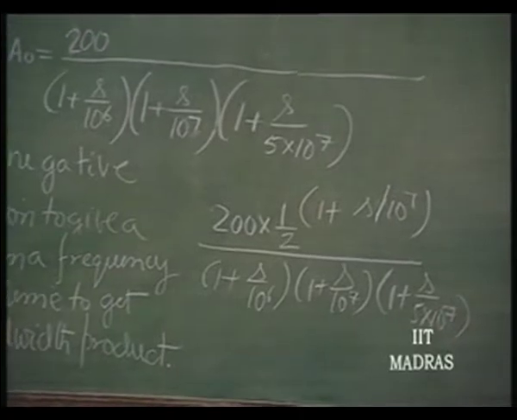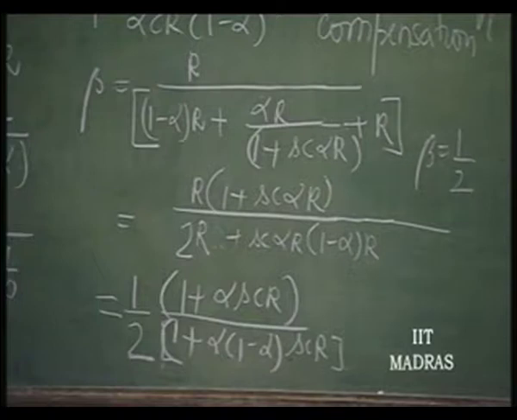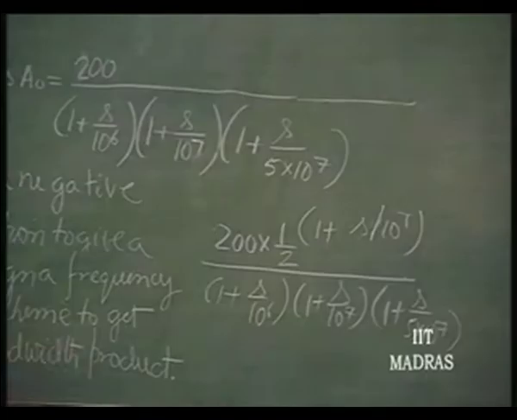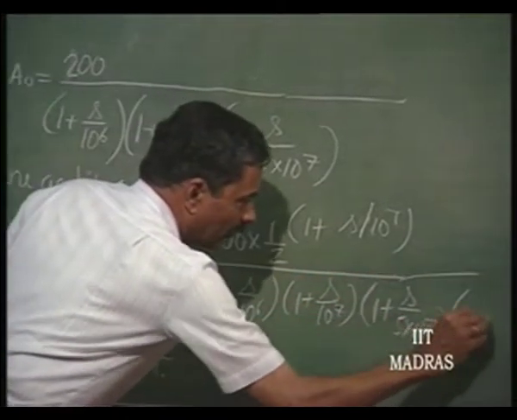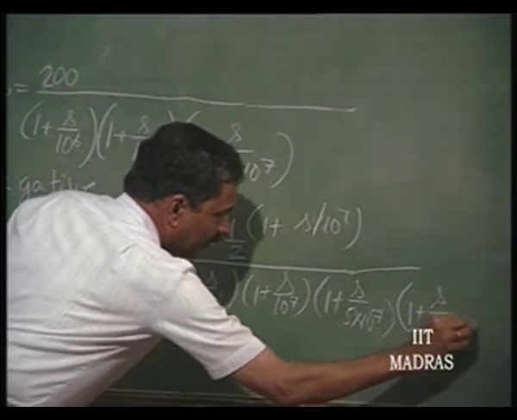And where does it introduce this pole? It is going to be at 20 times omega z, so 1 plus S by 20 times 10 to power 7.